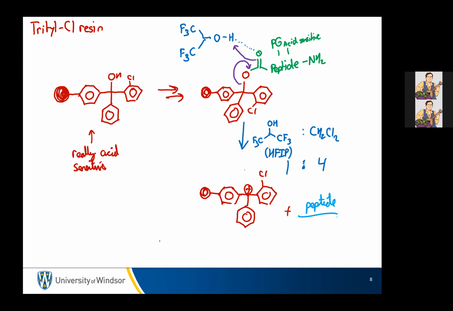So if you want to keep other protecting groups present without cleaving them off, but use acid, you can use this as a very soft acid protecting group, whereas almost all the other ones we're looking at, you use TFA, it cleaves them off, it cleaves it from the bead, everything happens at once. Here you can cleave it from the bead, but still leave all the protecting groups intact.